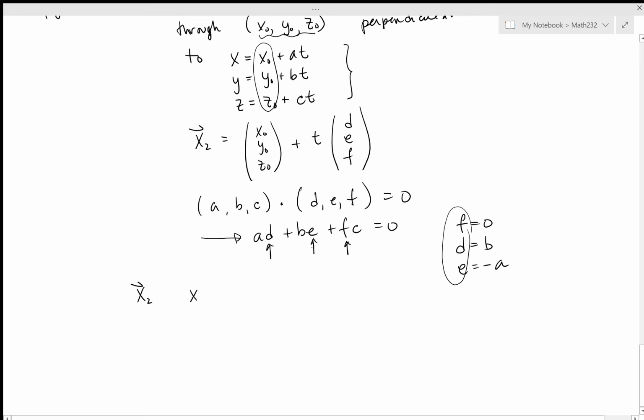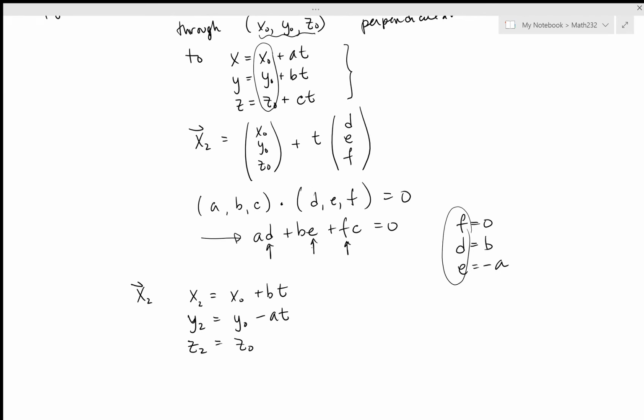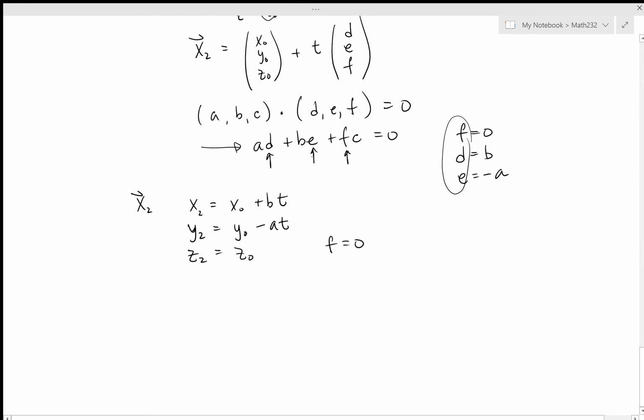I should say x2 is going to be equal to x naught plus the first component, b, and then y2 is going to be y naught plus e, which is minus a, and then z2 is z naught, and c is 0. F is 0, I should say. Okay, so we're done with that problem.